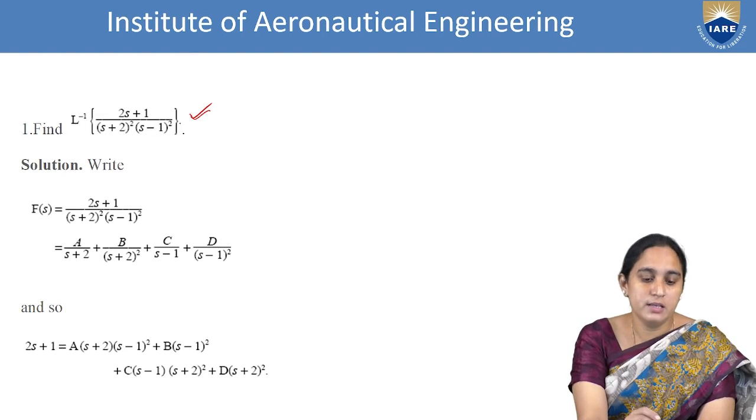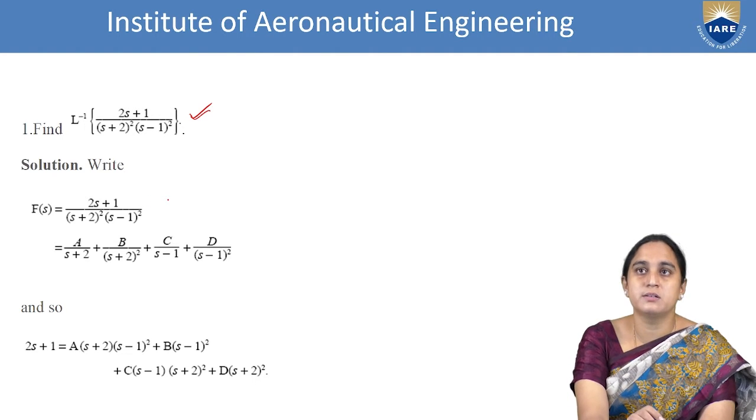Here the given question, what is F of s? That is (2s+1) by (s+2) whole square into (s-1) whole square. Where do we use partial fractions?